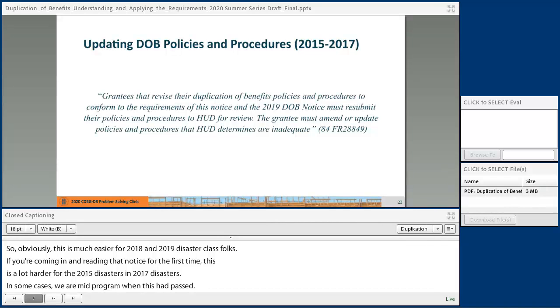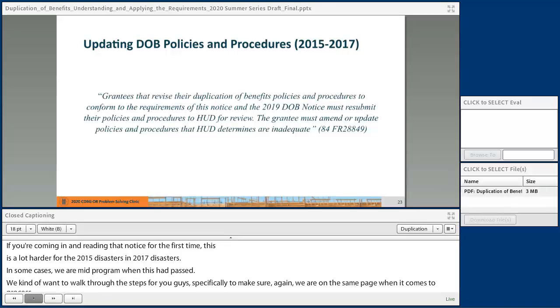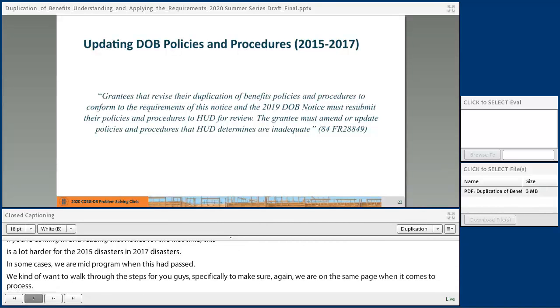So this is directly from our DOB implementation notice that Michaela introduced at the beginning. It's really for those folks mid-program.